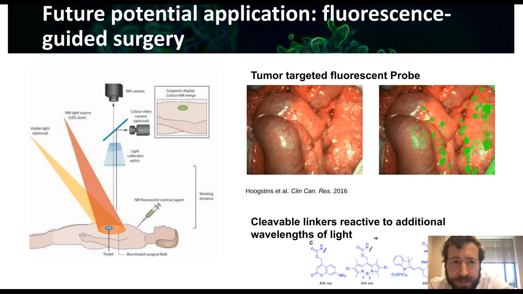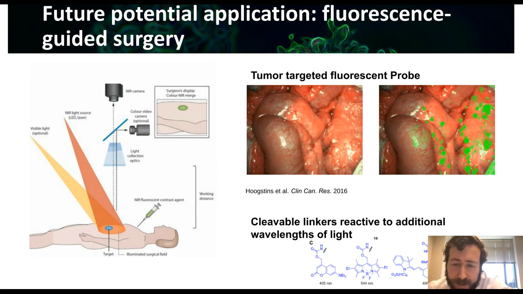And so for the clinic, the real excitement comes to applying this where light is already being used, which is in fluorescence-guided surgery. So currently, there are some systems in which patients are given a fluorescent contrast agent, and this helps to visualize the tumors in the patients and help guide the surgeons who are performing treatment.